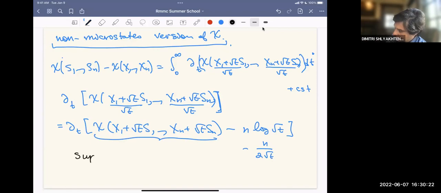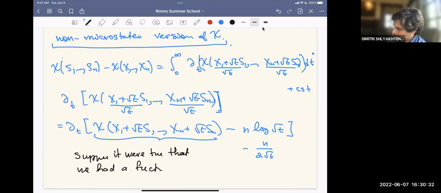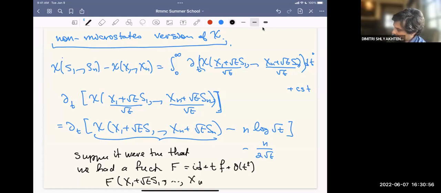But suppose it were true that we had a function f of the form identity plus t little f plus O of t squared, with the property that f of x1 plus root t s1 through xn plus root t sn is equal to f of x1 through xn in law.